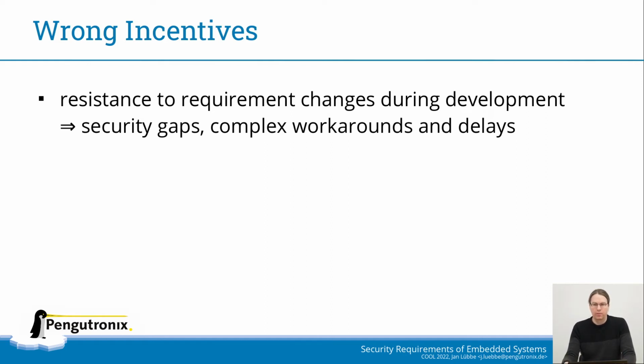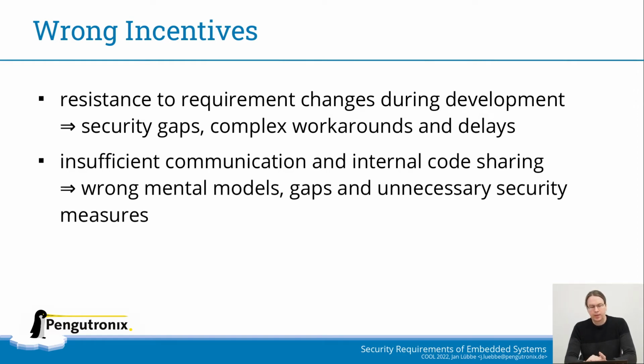Over the course of the project, it becomes clearer, and requirements that seemed initially obvious do not make any sense any longer. So there needs to be a way to change these requirements, often between different teams. If you don't do that, you get, again, gaps in the security, you get workarounds where one team has to work around mechanisms built by another team, and that obviously causes delays.